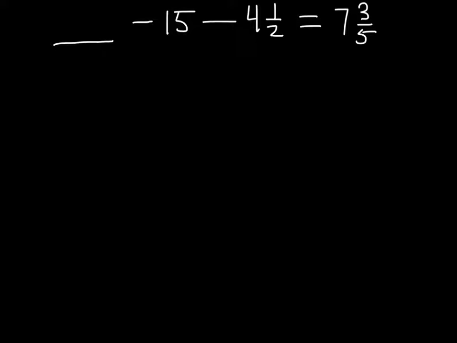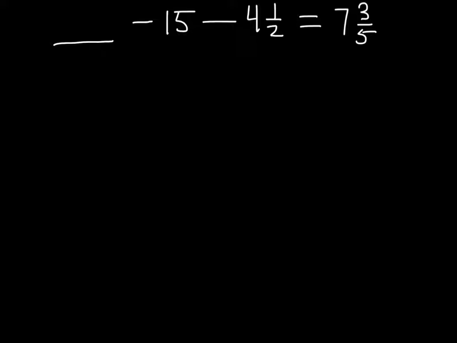Our next tricky problem is blank minus 15 minus 4.5 equals 7 3/5. This is another multi-term problem, and at first glance it looks like a subtraction problem because we see all these subtraction signs in it, obviously.